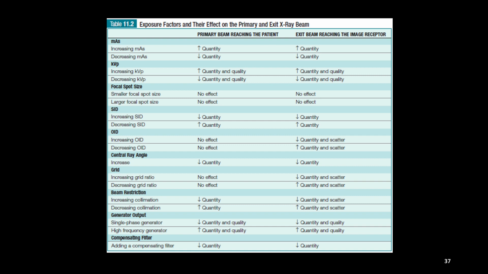SID, increasing your SID is going to decrease the quantity of the beam reaching the patient and decrease the quantity of the beam reaching the IR. And then for the opposite, if we decrease our SID, it will increase the quantity of the beam going to the patient and the quantity of the beam reaching the IR.